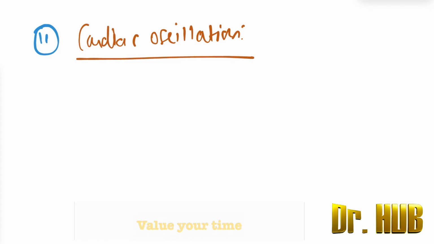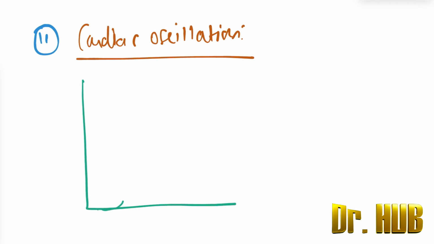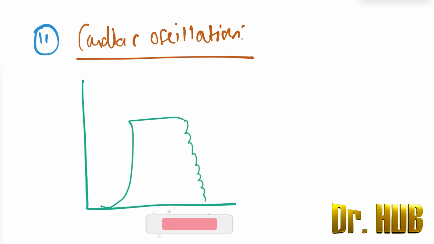In terms of the cardiac oscillations, there is a 90-degree turn, and then there's a plateau, and then it oscillates. It comes down, and then again this continues. There's again a 90-degree turn, then it oscillates.